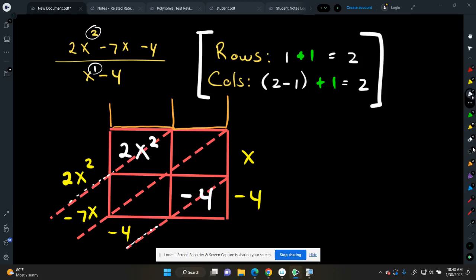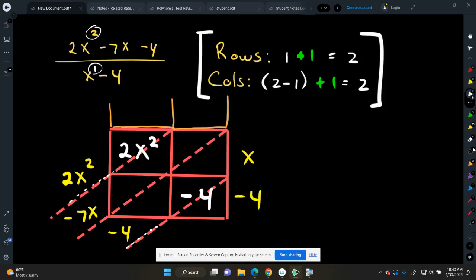Yeah, we do the 5 times the 3x, which gives me 15x. Okay, Nico, what now? You have to multiply the 4x times the negative 2, and then you put in negative 8x.